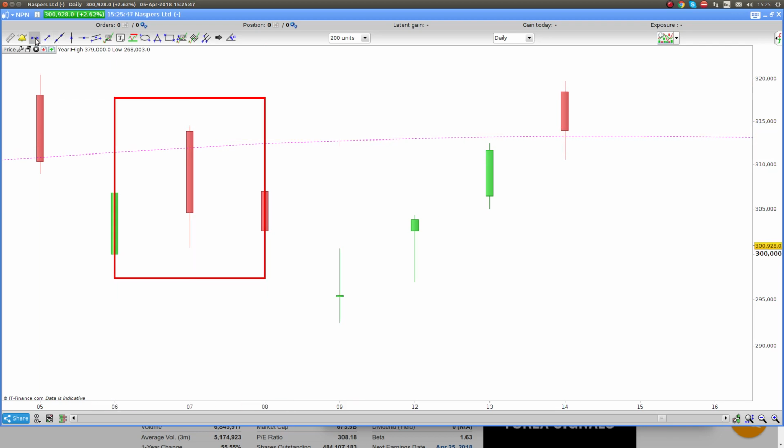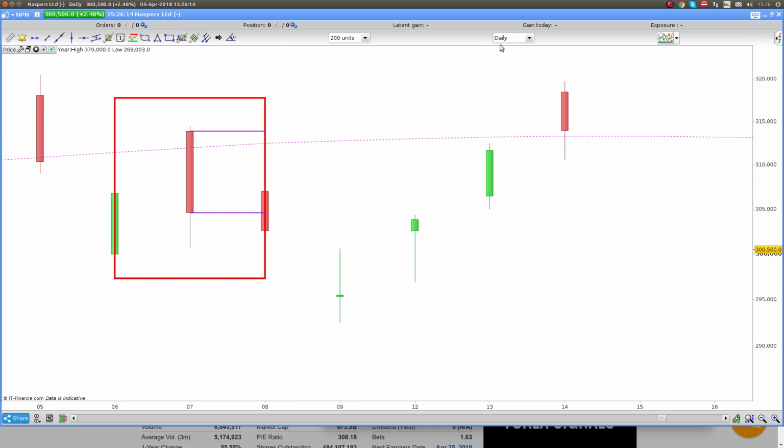So the first thing that you see here is the candle has a top, which is there. The candle also has a bottom, which is there. All that's telling you is that you have an opening and a closing price. So if the candle is red, it means it opened here and it closed here during this time frame.